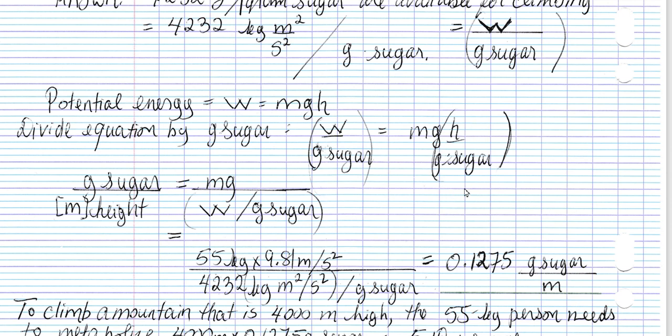So I'm going to take this quantity, put it on the left-hand side, and I get grams of sugar per height in meters is equal to mg divided by this quantity, which is work per gram of sugar. So that's the equation I need, right? I need grams of sugar divided by meters, the height that's being climbed.